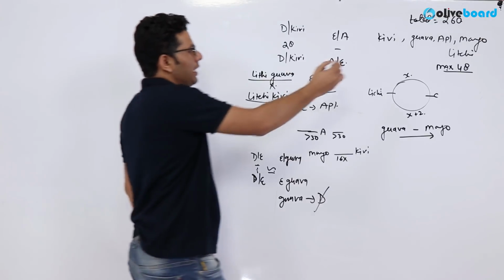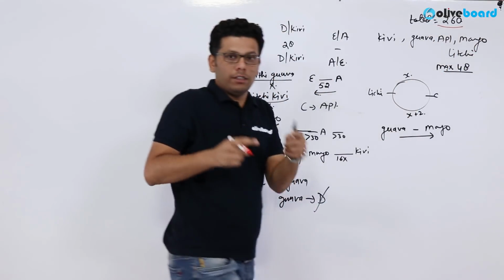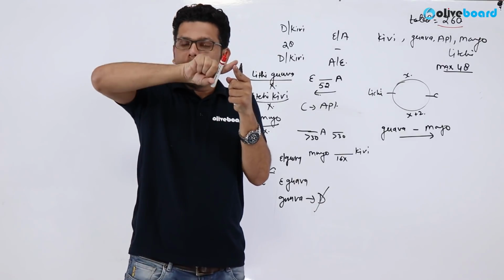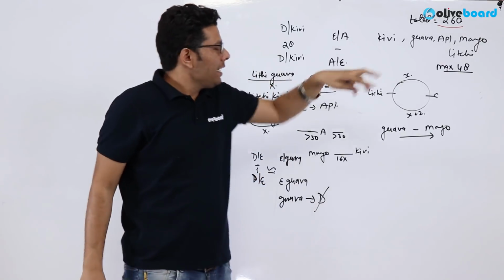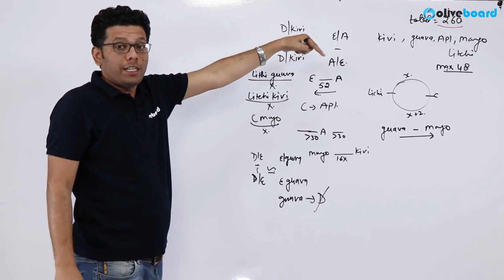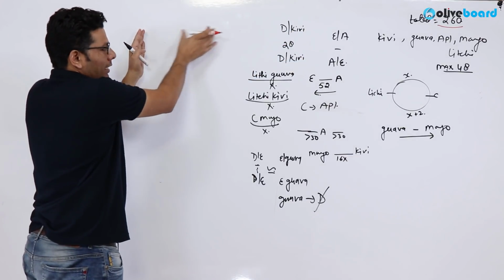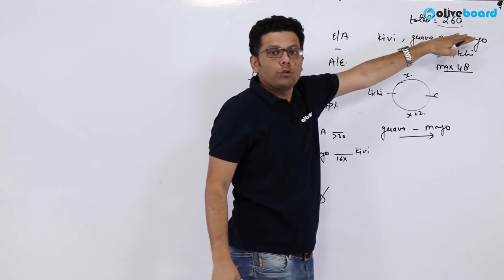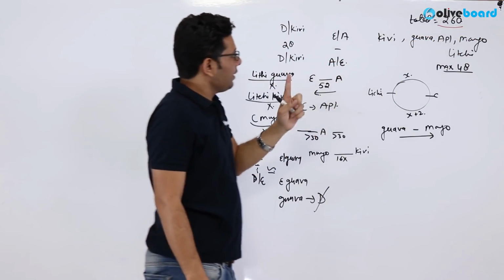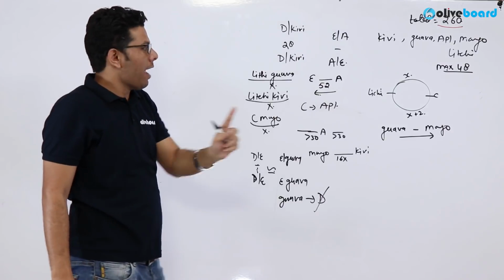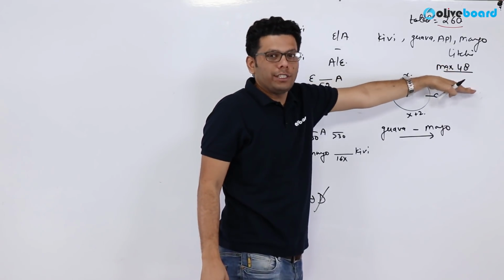The total is 260, which means the total perimeter of the circle is 260. It clearly says that the sum of all the distances should be 260, and your series will have a maximum number of 48.